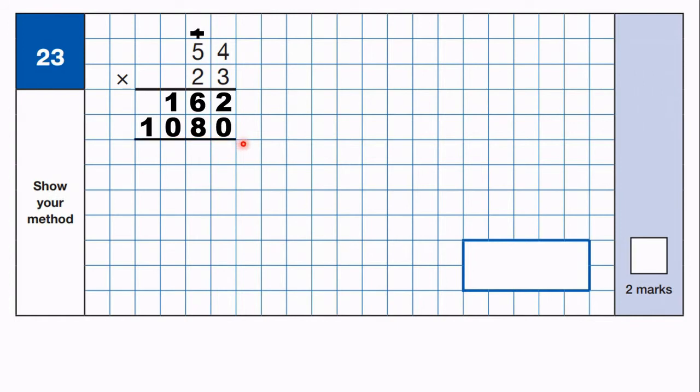So let's add up our answer lines. 2 plus 0 is 2. 6 plus 8 is 14, so 1, 4. 1 plus 1 plus 0 is 2, and nothing plus 1 is 1. So our answer is 1242.